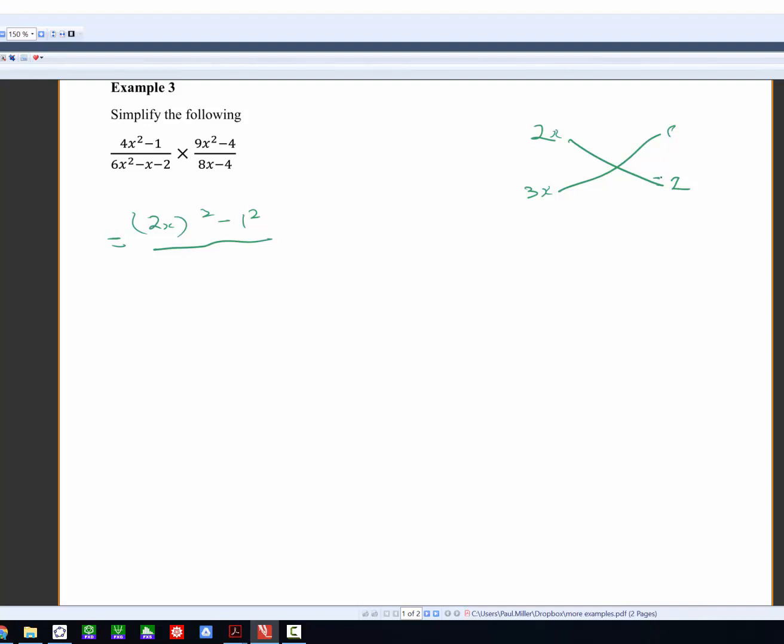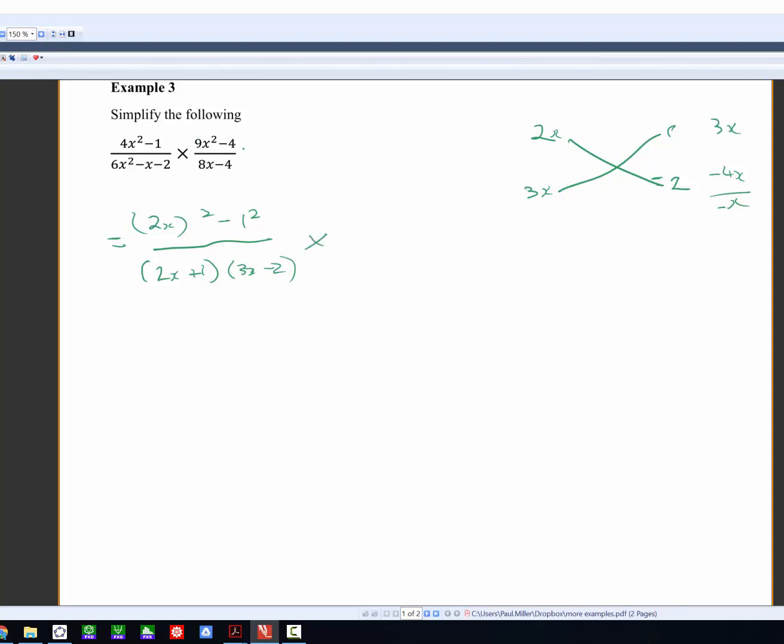So this is the one that's going to be negative, I think. Let's try it. 3x and negative 4x adds together to be negative x. Got it. So this bottom line here is going to be 2x plus 1, 3x, take 2.